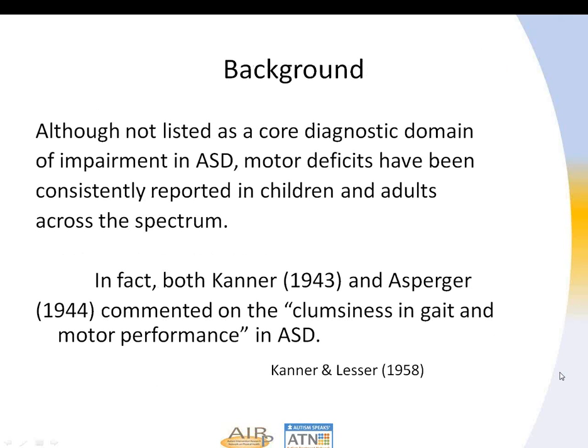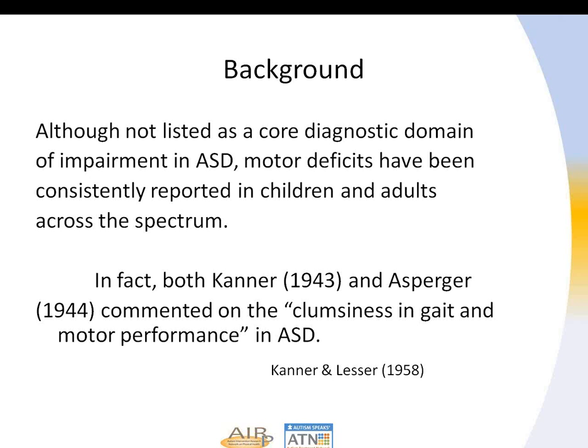So, here we go. As the title suggests, the focus of this presentation is on the relationships between motor deficits in autism spectrum disorder and their communication deficits. And here, communication, I'm referring specifically to speech and language deficits.